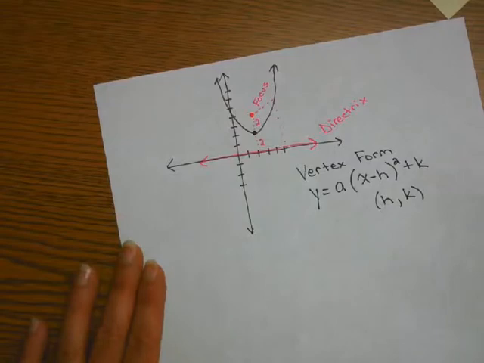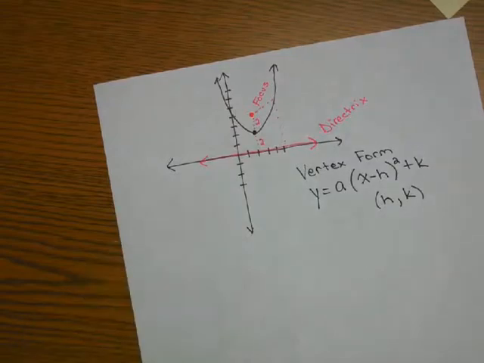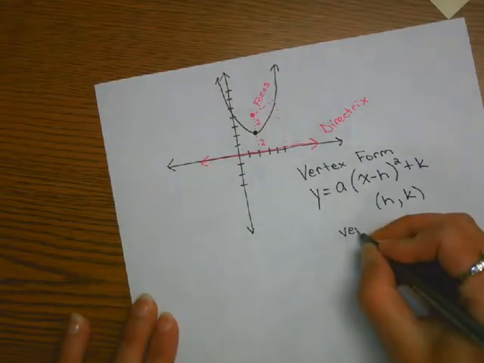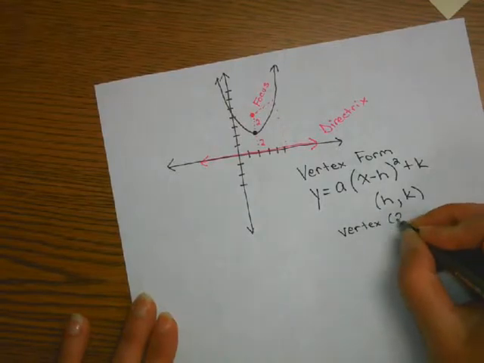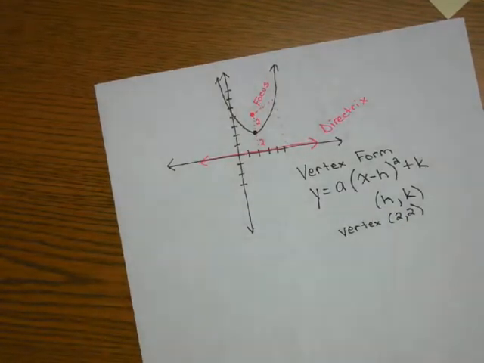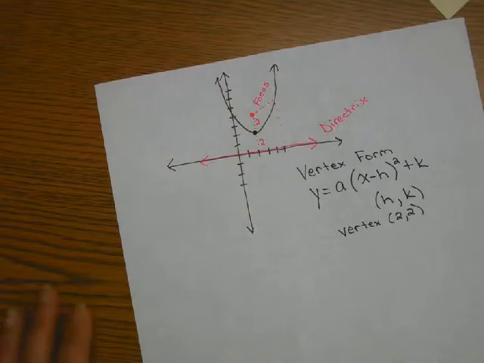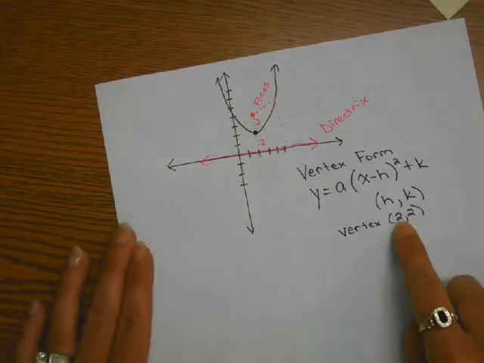So looking at this graph, I can find my vertex just from the graph. It's at 2 over, 2 up. It just happens to be at 2, 2. So for our graph here, our vertex is at 2, 2. So continuing from knowing where my vertex is, I know I can plug in 2 for h and 2 for k.